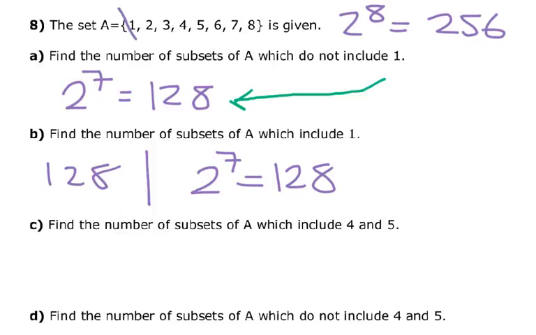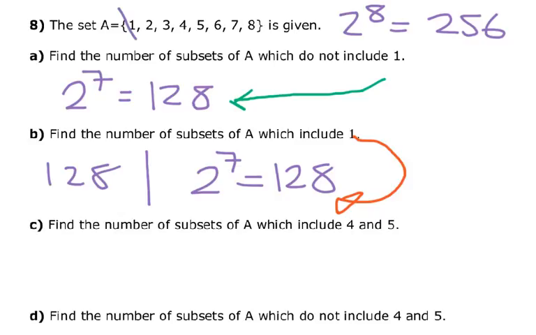Then we imagine putting 1 into every one of these 128 subsets, and they're the only subsets that can include 1, so there would be 128.